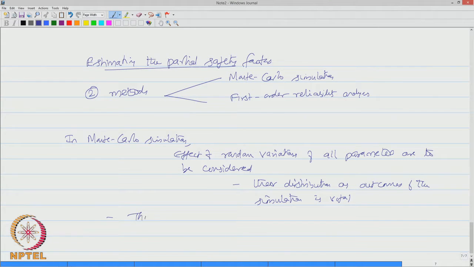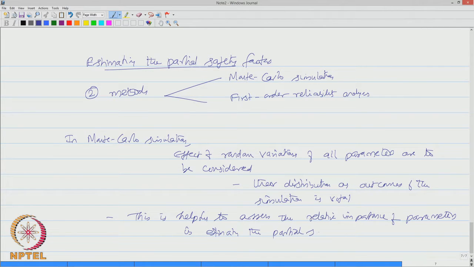This method is helpful to assess the relative importance of parameters in estimating the partial safety factor.